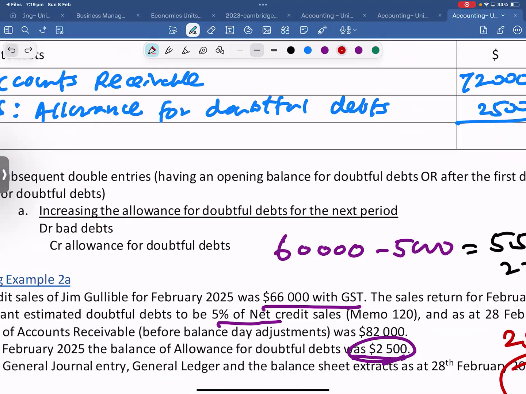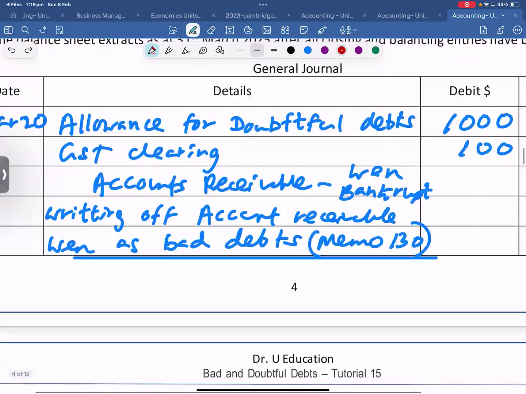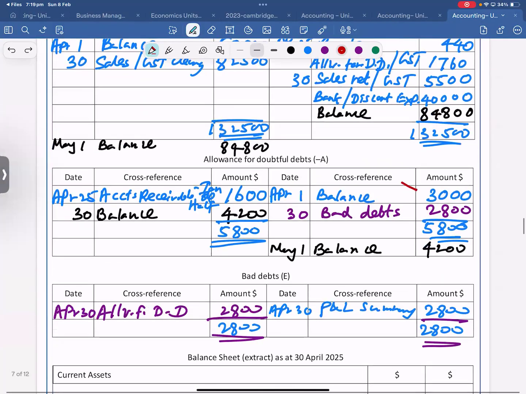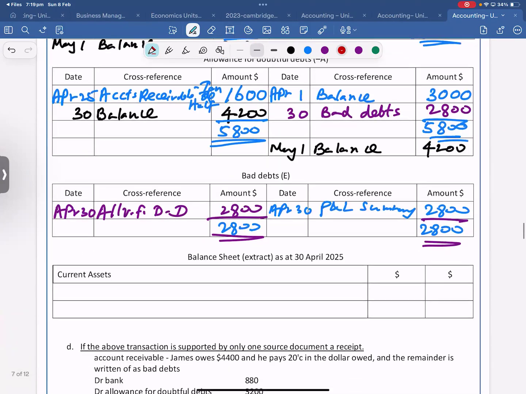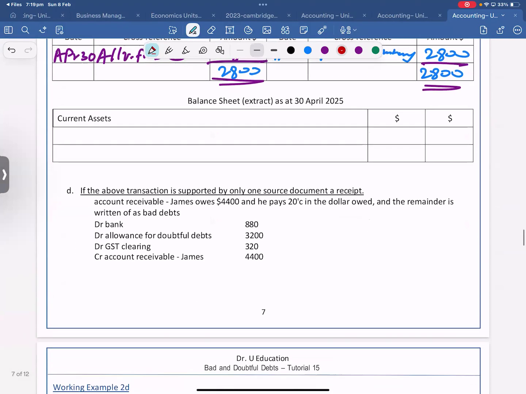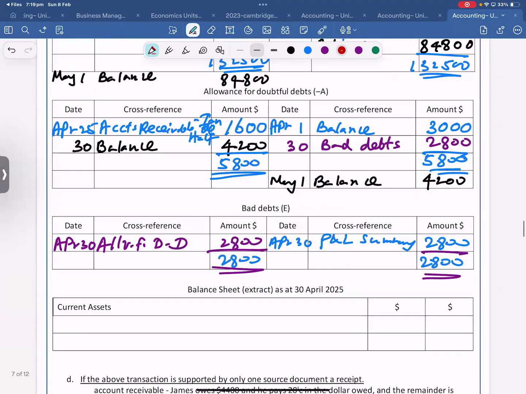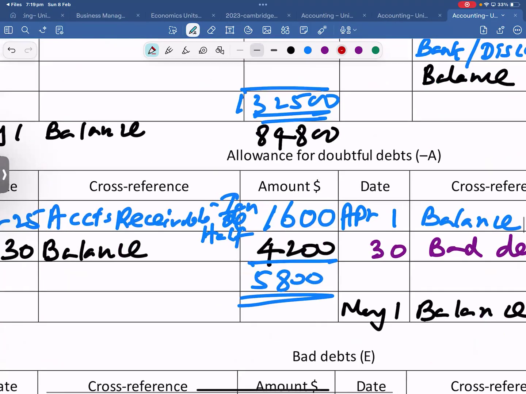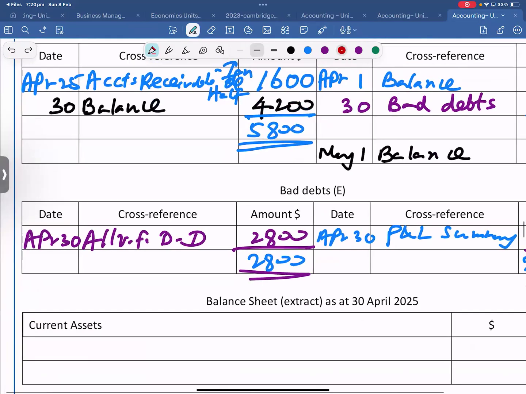Now the same thing has happened here. So 3,000 has become 4,200, which means increased by 1,200. Then, on the other hand, in the meantime, we wrote off 1,600 as bad debts as well, which is increasing our expense.